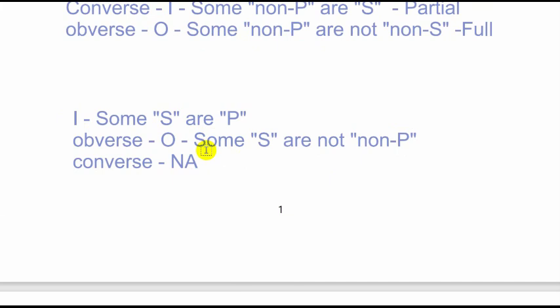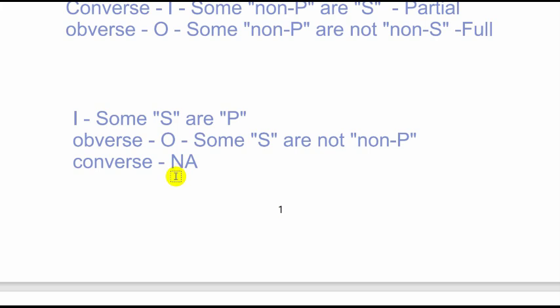So the rule to remember here is, when doing contrapositive, we have to start with obverse, and when we are doing obverted converse, we have to start with converse. For obverted converse, we have to start with converse and then do obverse, whereas for a contrapositive, we have to start with obverse first and then do its converse.